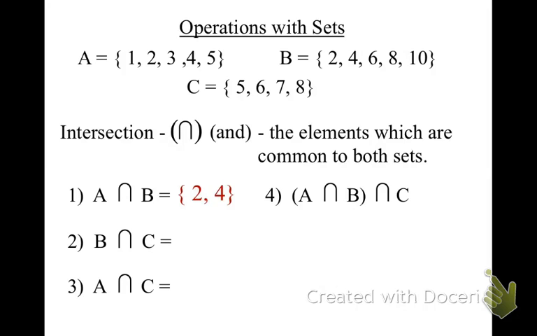Now I want you to pause the recording and try to find the intersection of B and C, and A and C, numbers 2 and 3. Pause it. Now check your work. When we have B intersecting with C, there's no 2 in either one, there's no 4 in either one, but they both have a 6 and they both have an 8, so the intersection is 6 and 8.